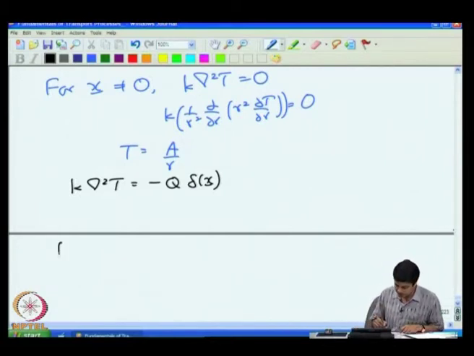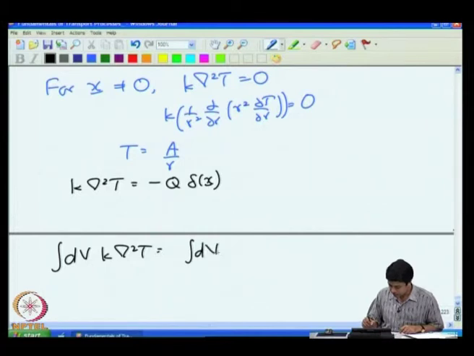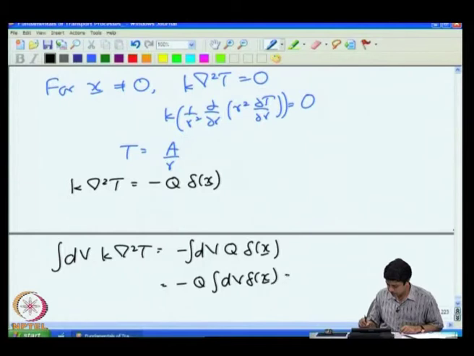So, I take the integral over the volume dV of K del square T is equal to the integral over the volume of minus Q delta of x, which is minus Q integral dV delta of x, which is minus Q.